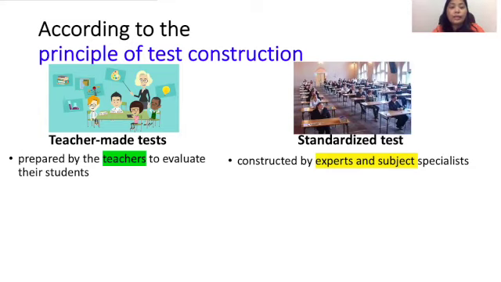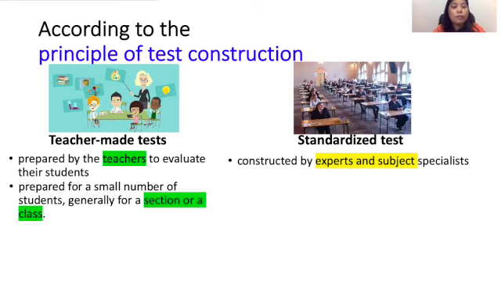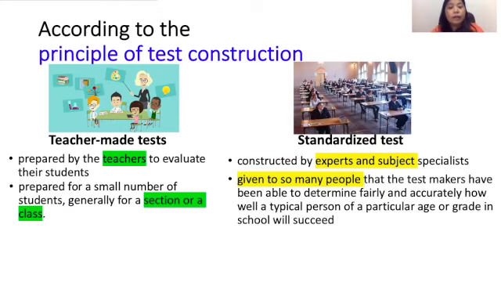Another distinction is that teacher-made tests are prepared for a small number of students, generally for a section or a class, while standardized tests are given to so many people that the test makers have been able to determine fairly and accurately how well a typical person of a particular age or grade in school will succeed.